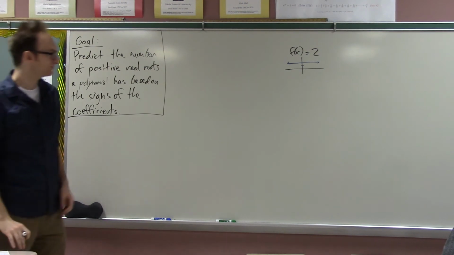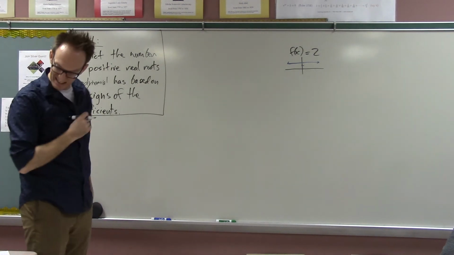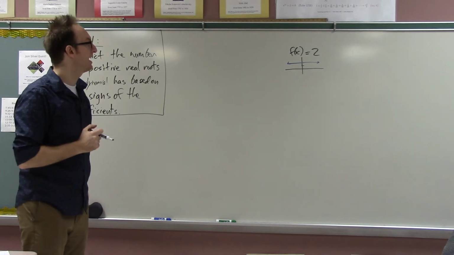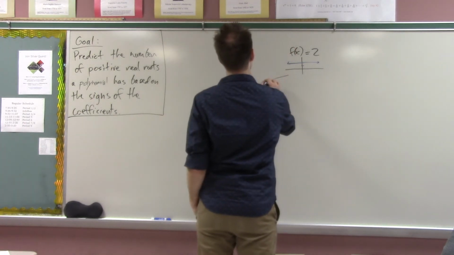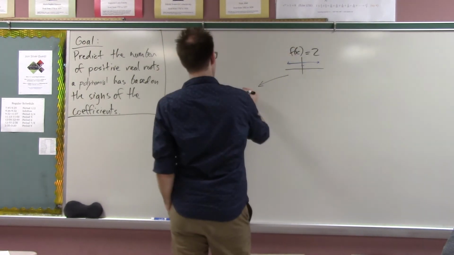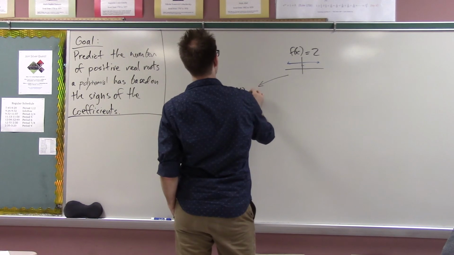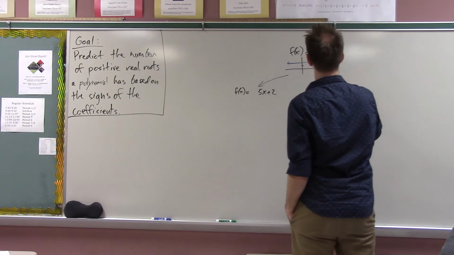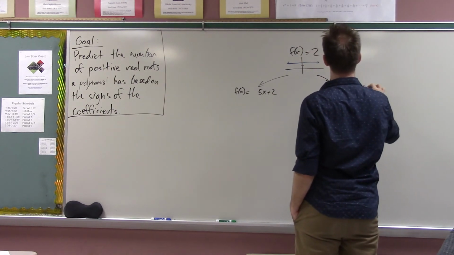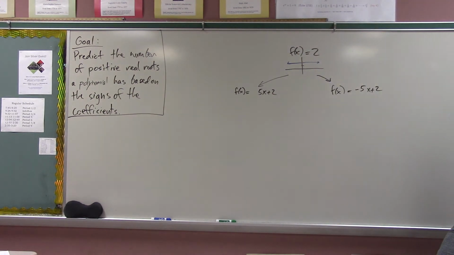Now what I want to do is add a coefficient. So let's add 5x to each of them, or negative 5x. And so I'm going to consider 4 functions: f of x equals 5x plus 2, f of x equals negative 5x plus 2, f of x equals 5x minus 2, and f of x equals negative 5x minus 2.